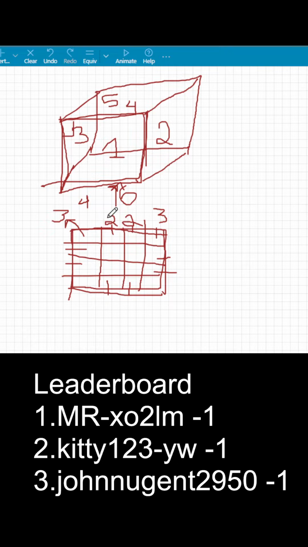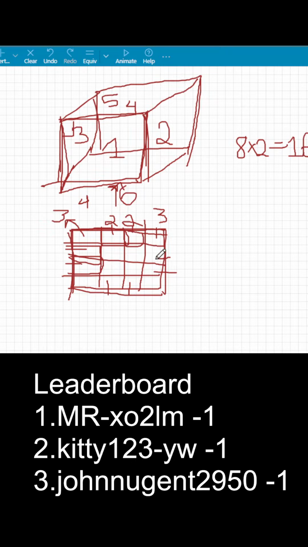Each edge will have 2 such cubes: this one and this one on this edge, and similarly this one and this one on this edge. So 2 on each edge. If we leave out the bottom, there are such 1, 2, 3, 4 and 5, 6, 7, 8 edges. So 2 on each edge means there will be 16 such cubes which have 2 of their faces iced.